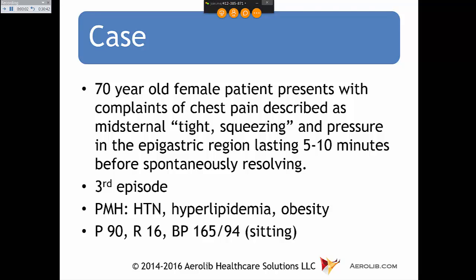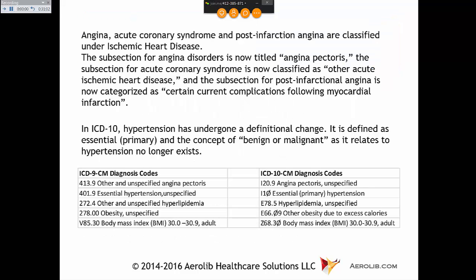Now, this is one of the cases that CMS has used, and what they talk about is an elderly female presenting with chest pain, and she describes it as mid-sternal tight squeezing pressure, epigastric, 5 to 10 minutes. It's a third episode. She does have hypertension, obesity, and blood pressure is slightly high at sitting. What CMS wants us to do is identify that this subsection of patients has angina pectoris, not simple plain chest pain.